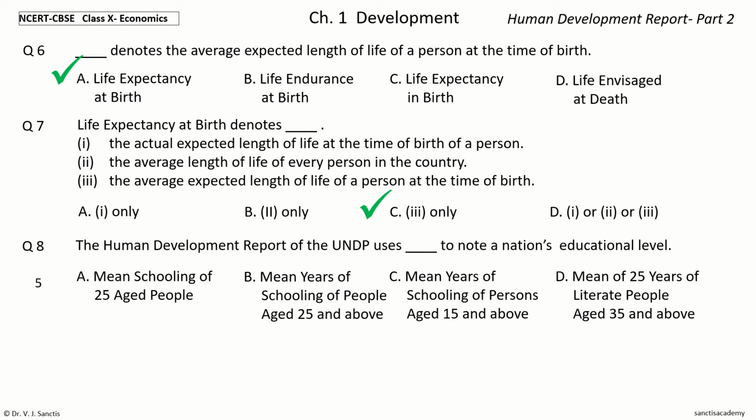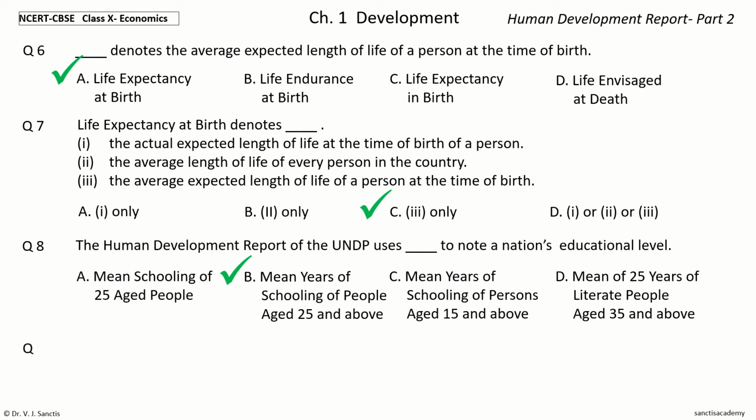Your time to choose. And the answer is mean years of schooling of people aged 25 and above. So, the Human Development Report of the UNDP uses mean years of schooling of people aged 25 and above to note a nation's educational level.